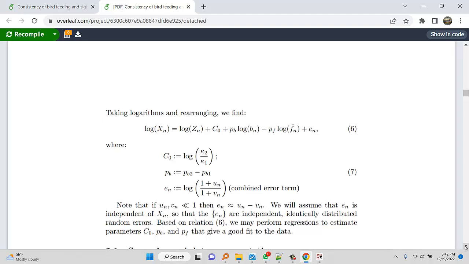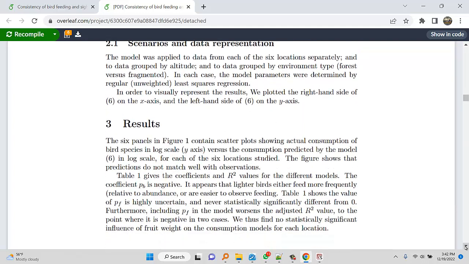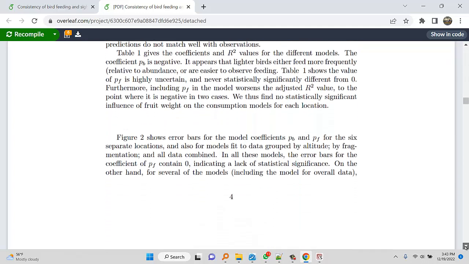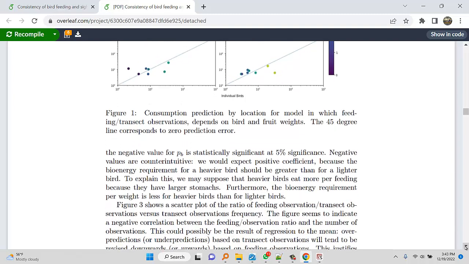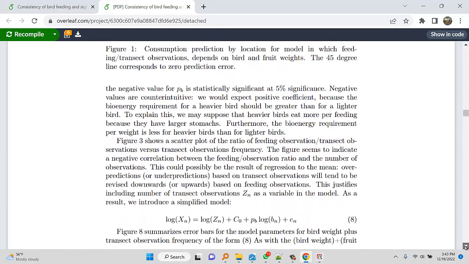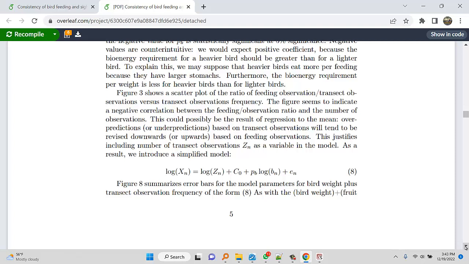Now, the first part, does this fit? And we show that PF seems to be no different from 0. So we remove the PF from the model, and we have a simplified model. Okay.